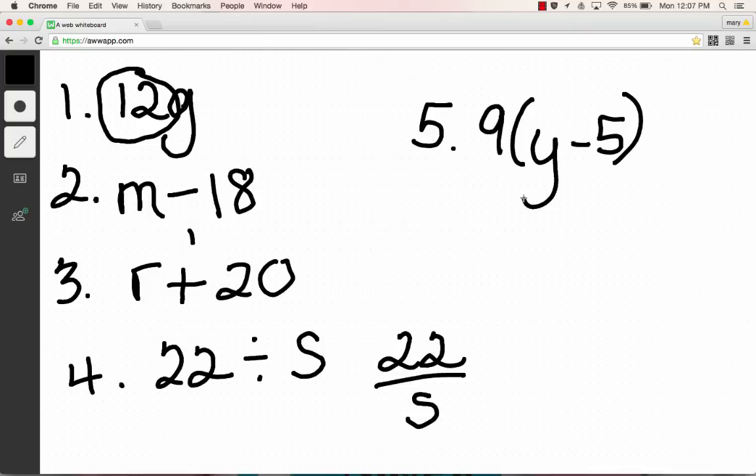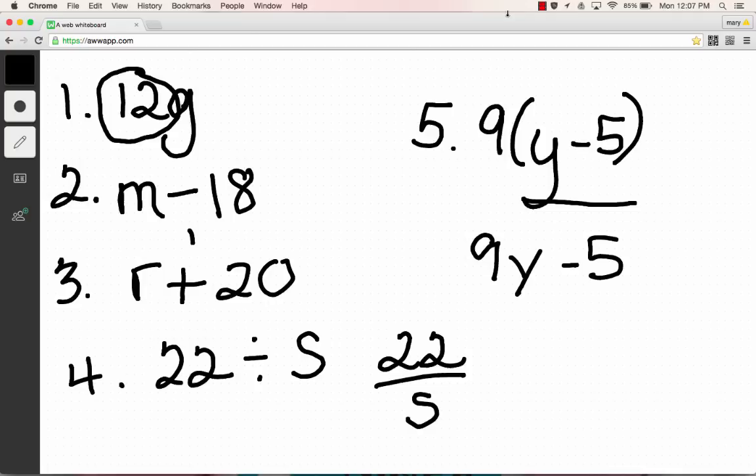I want to look at this in a way that is going to help us with order of operations. According to order of operations, I need to do everything inside of this before I do anything else. And the expression clearly states that I want 9 times this whole complete difference. So if I would have put 9y minus 5, this is completely wrong because what I'm saying is I want 9 times y, then take away 5.